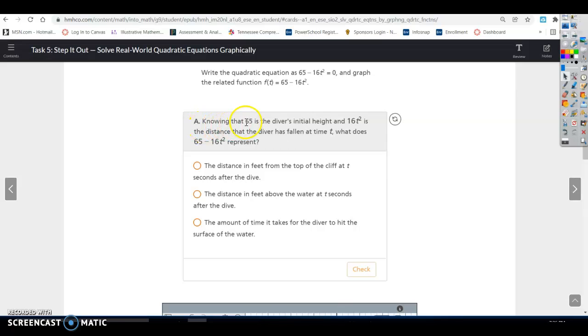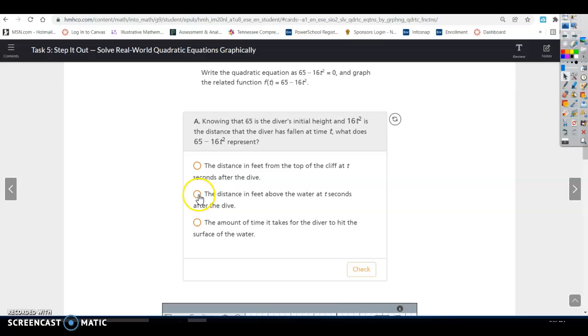All right, so knowing that 65 is the diver's initial height and 16t squared is the distance that the diver has fallen at time t, what does 65 minus 16t squared represent? The distance in feet from the top of the cliff at t seconds after the dive, the distance in feet above the water at t seconds after the dive, or the amount of time it takes for the diver to hit the surface of the water.